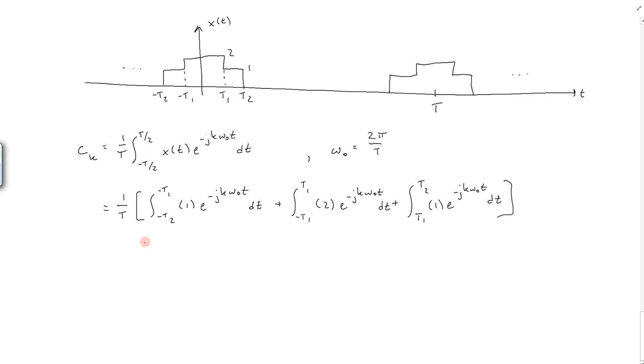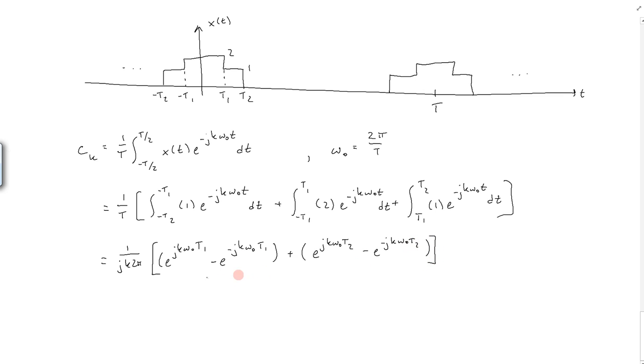Now we can perform this integration, and what we're going to get is 1 over jk 2 pi times e to the jk omega naught T1 minus e to the minus jk omega naught T1, plus e to the jk omega naught T2 minus e to the minus jk omega naught T2.